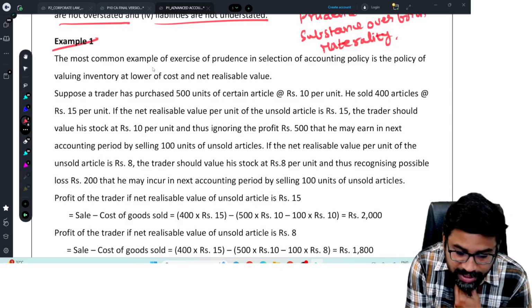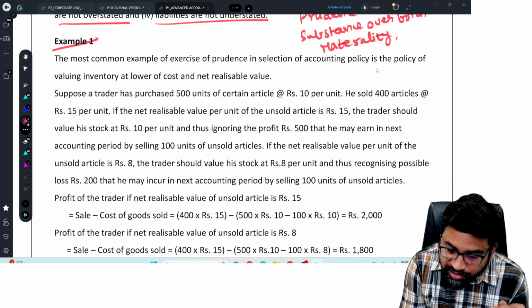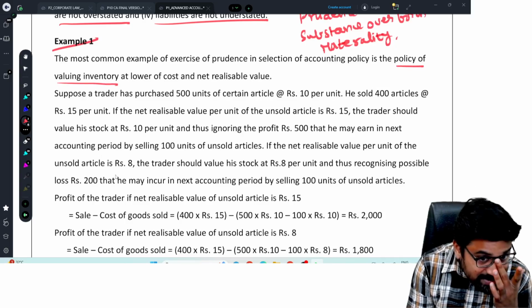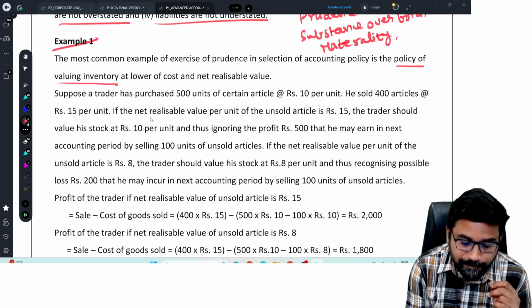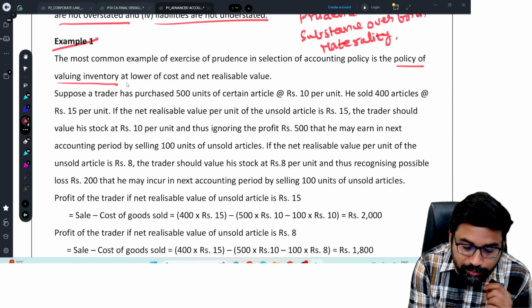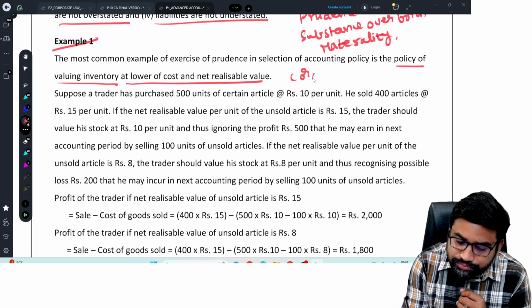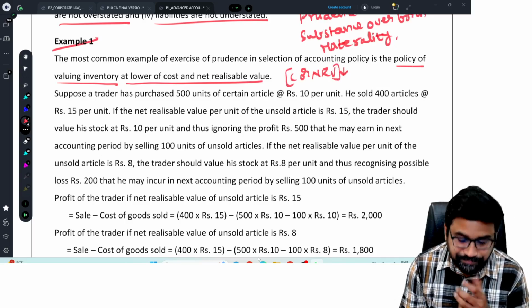The most common example of exercising prudence in the selection of accounting policy is the policy of valuation of inventory. See, valuation of inventory is the classic example for prudence. Why, sir? What is the valuation principle? Lower of cost and NRV. So, cost or NRV, whichever is lower, this is the policy we are following, right?